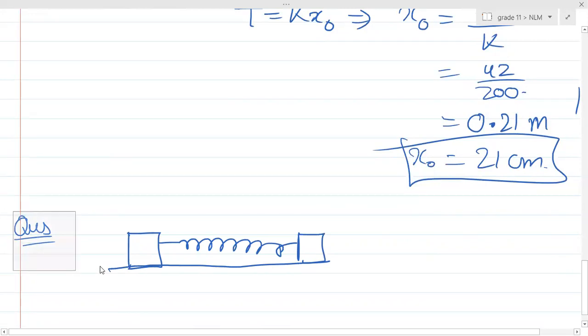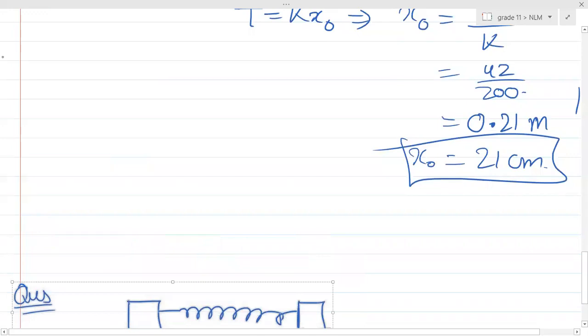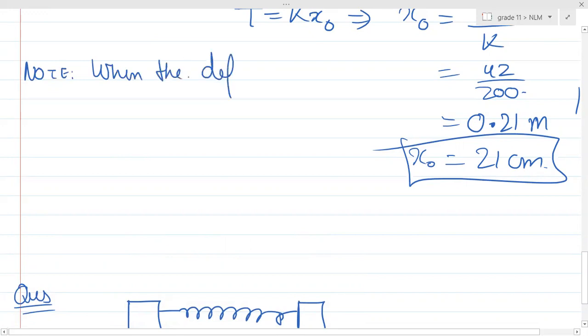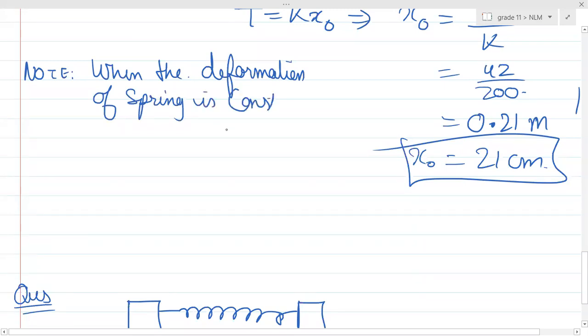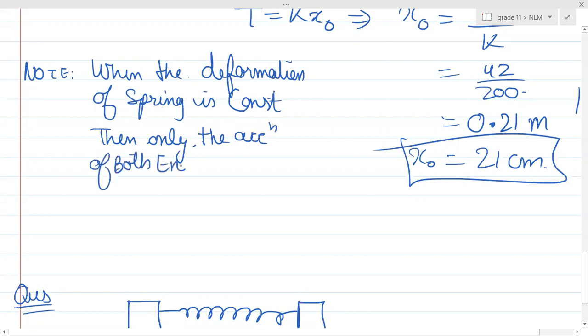A note: when the deformation of the spring is constant, then only the acceleration of both ends of the spring will be the same. Otherwise, it will be different.